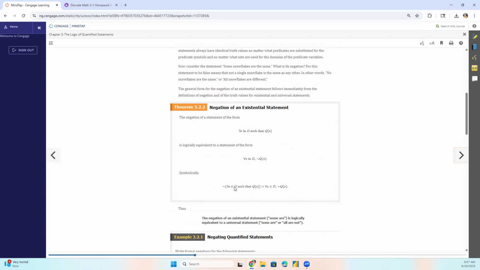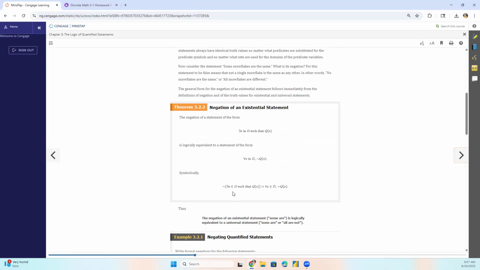Now let's look at the opposite case, the negation of an existential statement. The existential statement uses this weird E symbol. In English, it means there is at least one x in D such that Q of x. When you want to negate this, "there is at least one x" changes to "every x in D," and Q of x becomes not Q of x.